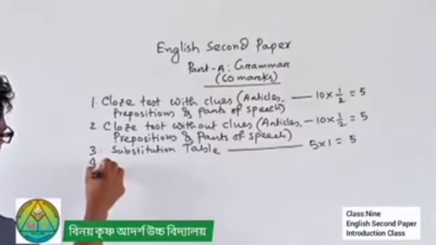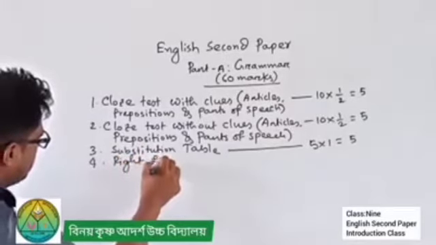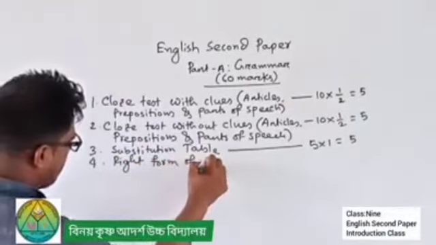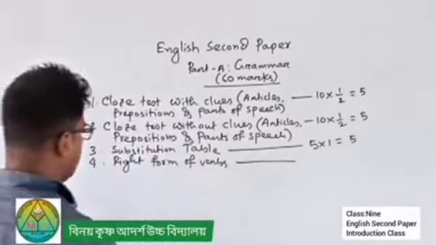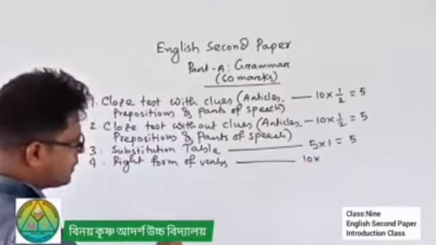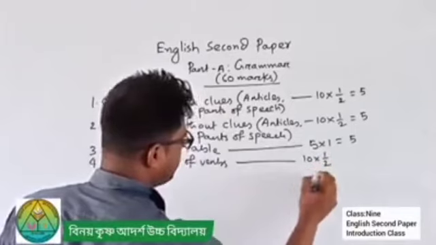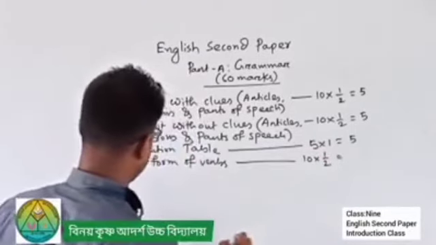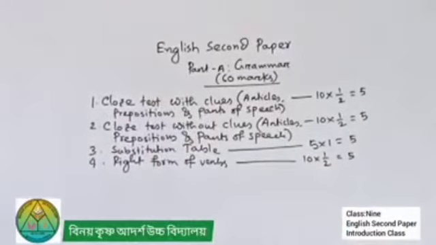In question 4, you will find right form of verbs. In this item, you will get 10 gaps with clues in the box, and each gap will prize you half mark, and in total you will be prized 5 marks in this item.